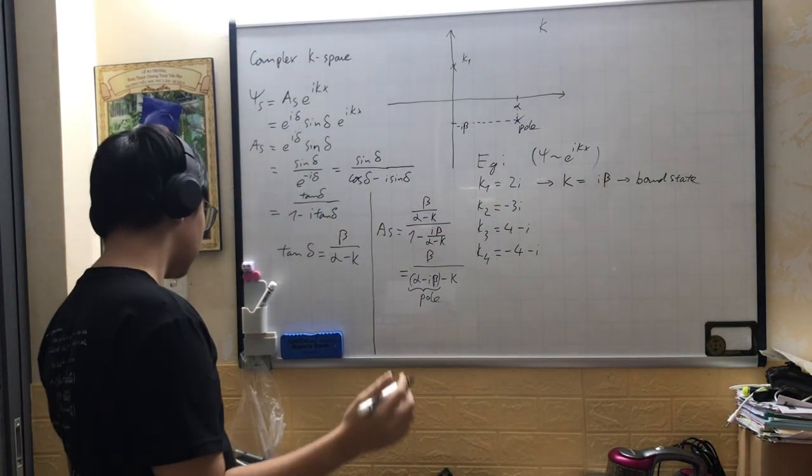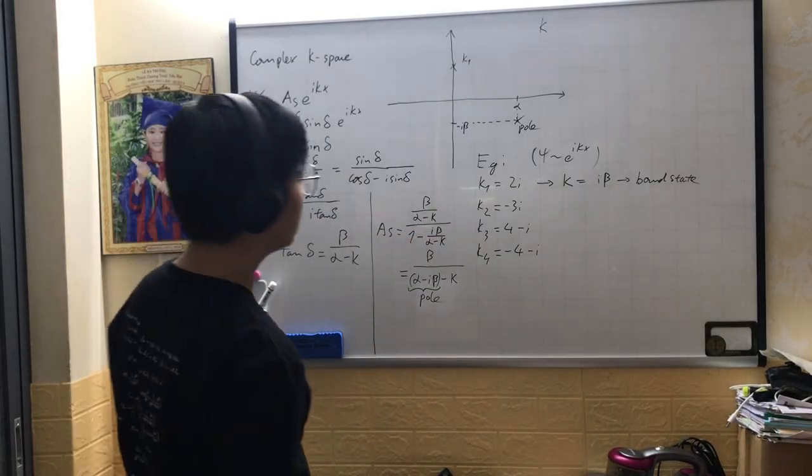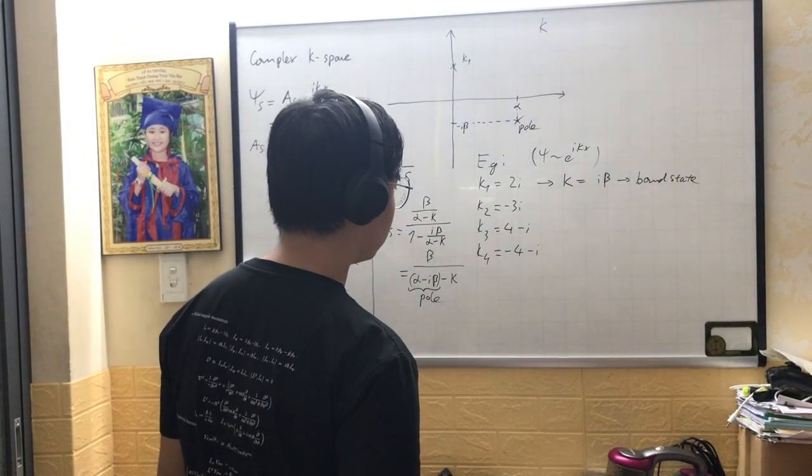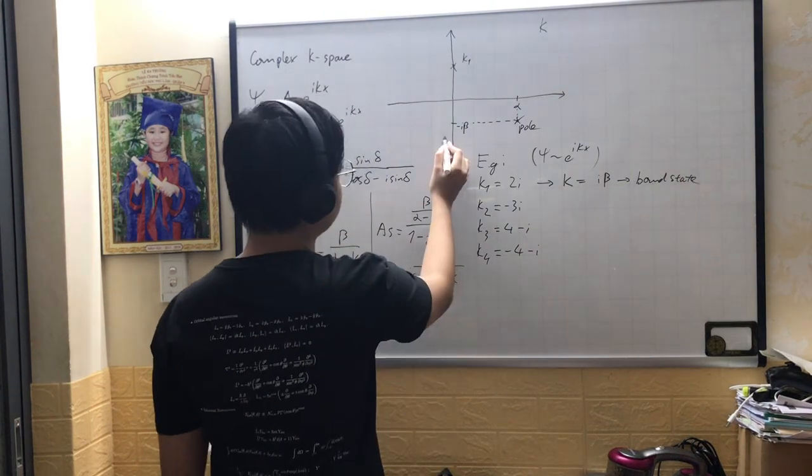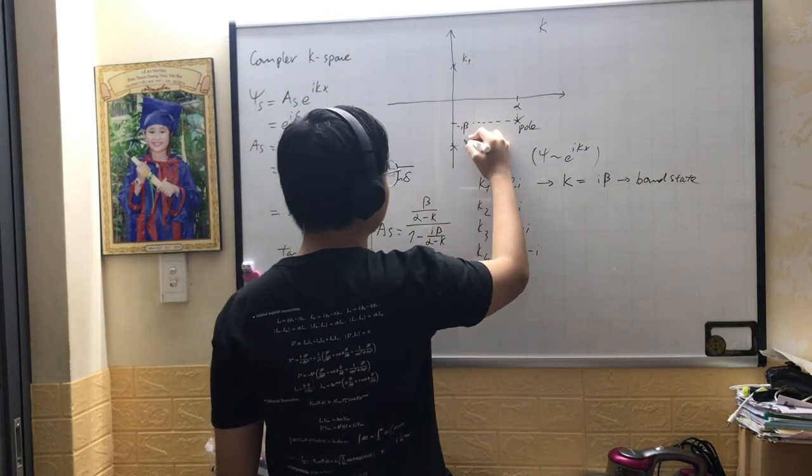Next is our k2 equal to minus 3i. So that would be somewhere down here. This is your k2.